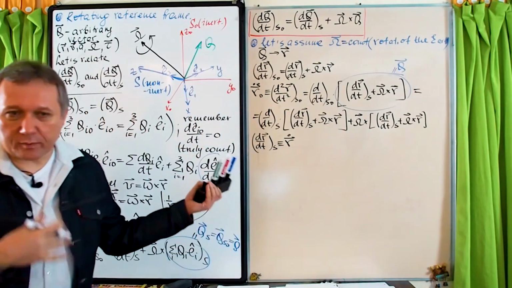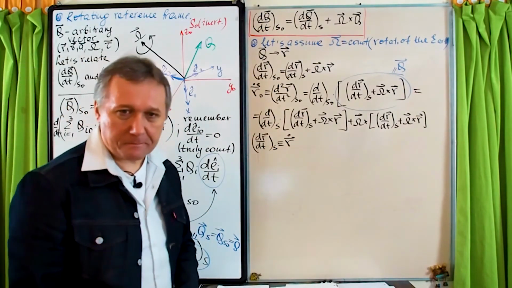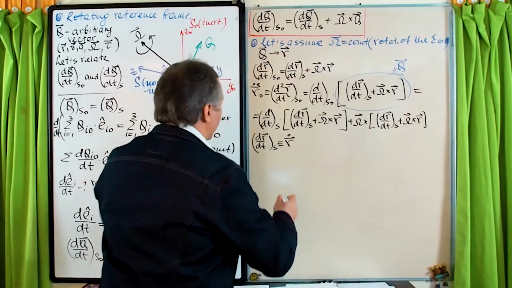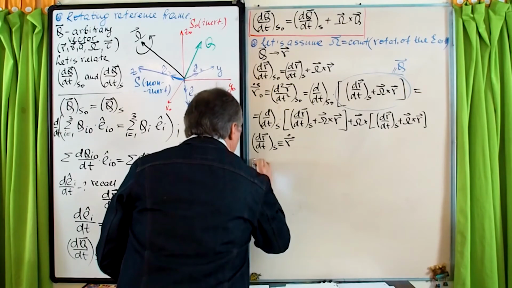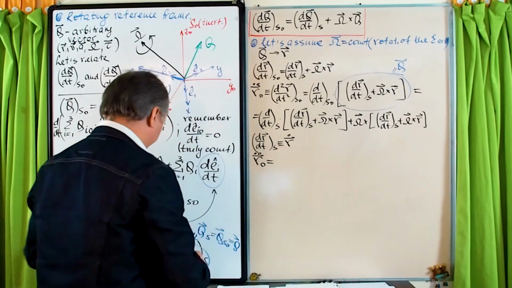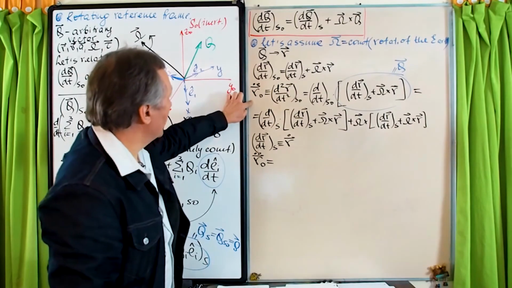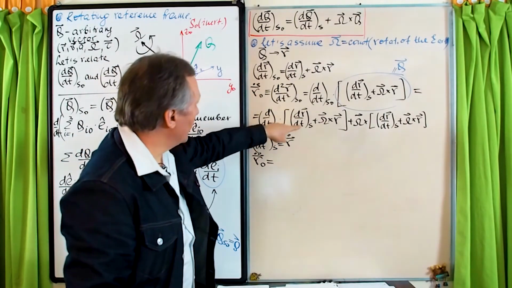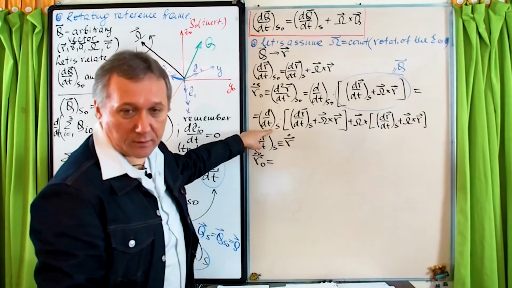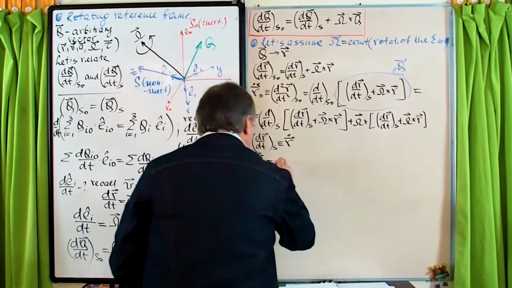And of course, r double dot will be the same thing. Okay, let me start from this point. So r0 double dot equals r double dot.